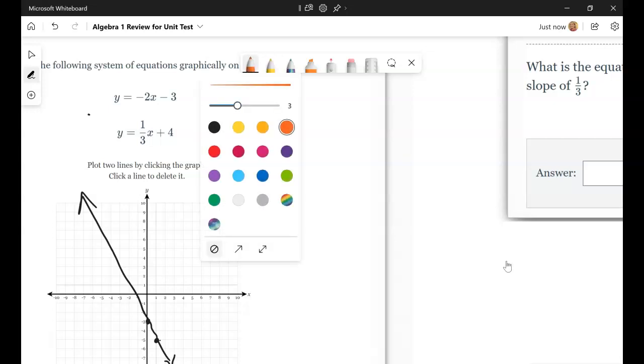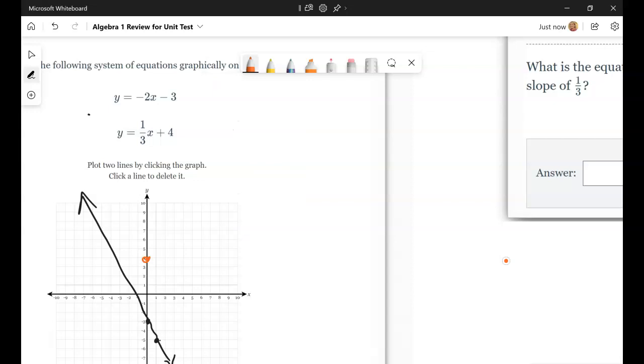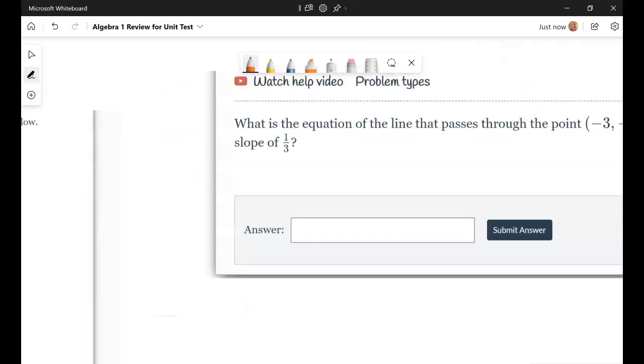Switch colors. Where are we going to start the next one? 4. Then up, over 3. Okay. And then the point that they cross, it looks to me like they cross right there at -3, 3. I think so. Okay. Next question.